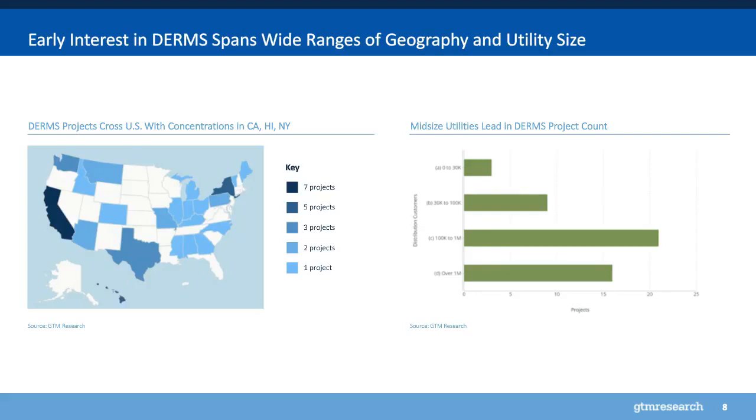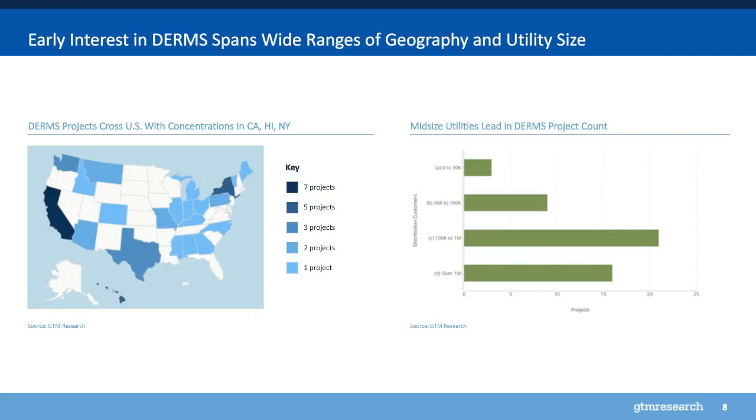What's often noted less frequently is the fact that many of these projects, and many of the largest utilities investing in emerging DERMS functionalities, aren't in these geographies. It's actually spread to almost half the states within the U.S. And mid-sized utilities are driving market development both in states with high DER penetration and states where DER penetration is low.